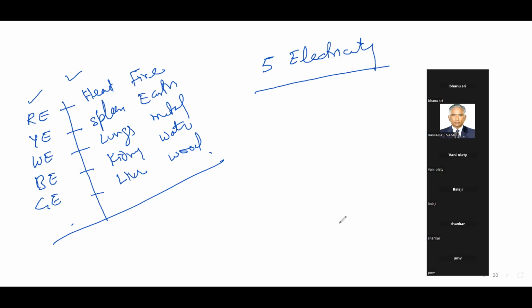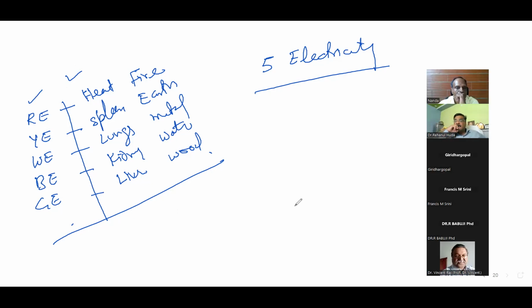Ramdas sir, earlier were you using red electricity for the heart, yellow electricity for the spleen, white electricity for the lungs, blue electricity for the kidney, and green electricity for the liver?